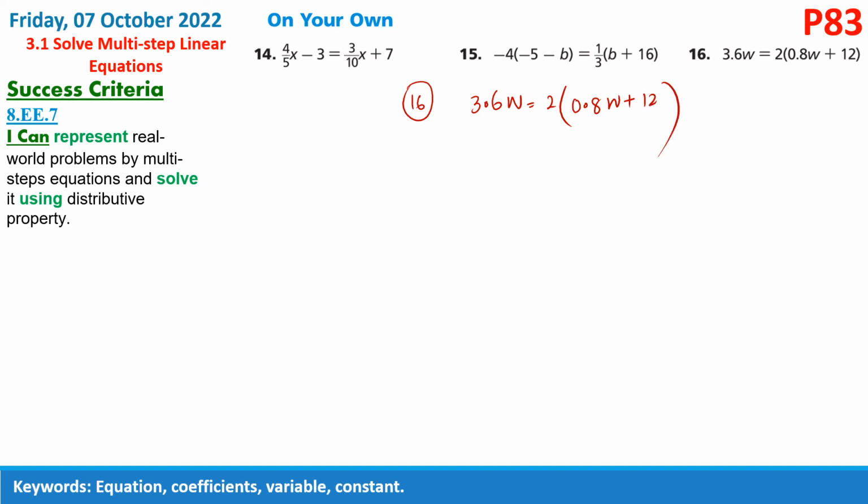Okay, now first this bracket we will open. How? This will multiply by this. So before we write as it is, so what we will get? 2 times 0.8W. Then this plus here. Now multiply this by this. Yani 2 times 12.